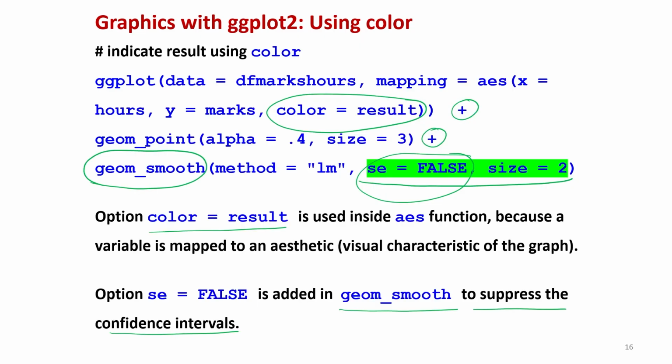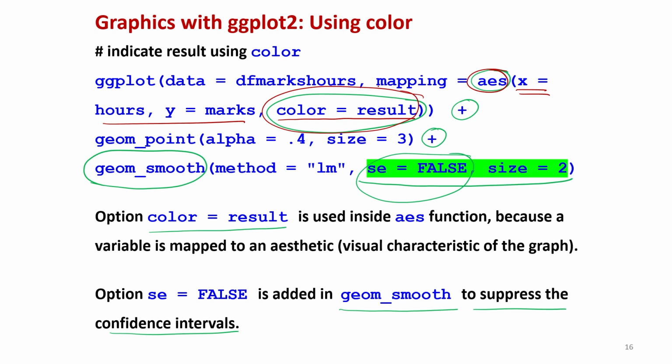Now you can see that inside the aes function you have added the option color equal to result. Earlier it was only x equal to hours and y equal to marks. Now you have added color equal to result.